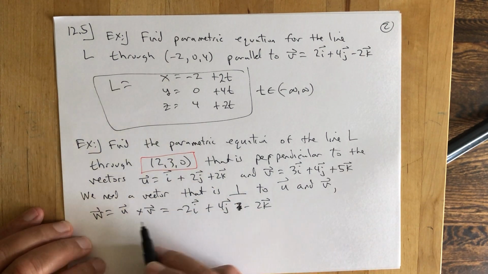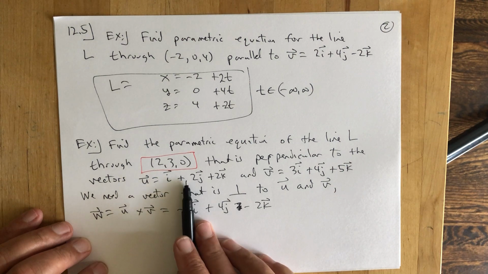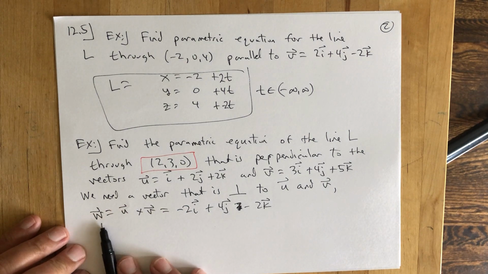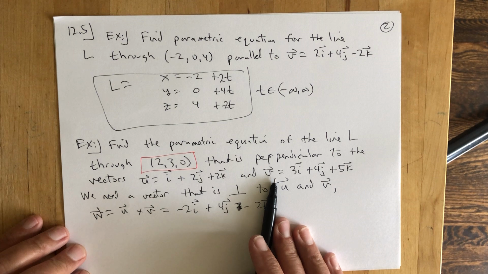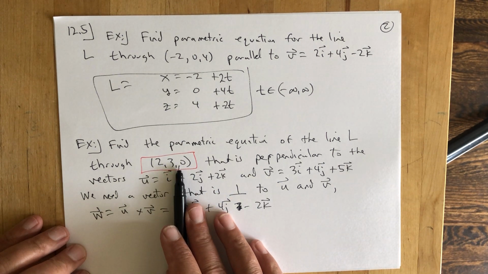Okay, so I skipped a huge amount of computations. So for u cross v, you put ijk, and you put this for the second row, and that for the third row. You do all the matrix calculations, and you wind up with this vector w. Now, w is perpendicular to u and v. It's parallel to the line we're looking for through 2, 3, 0.